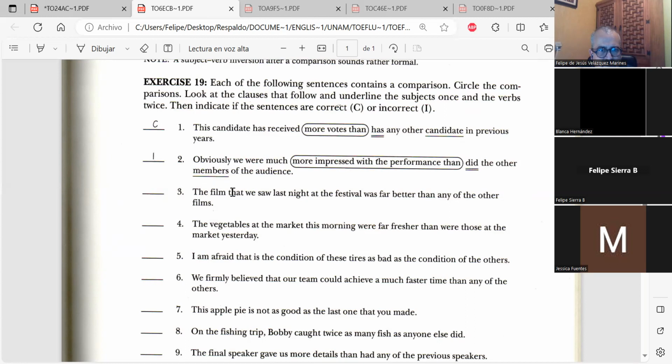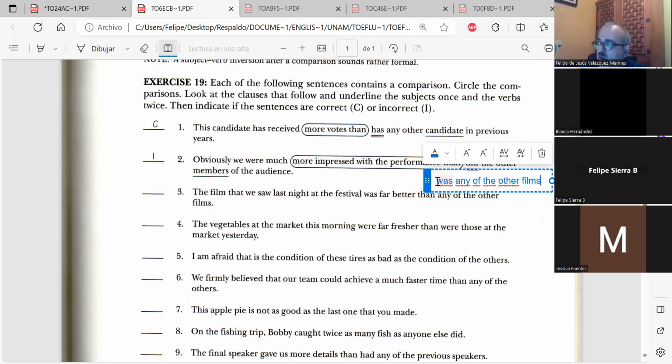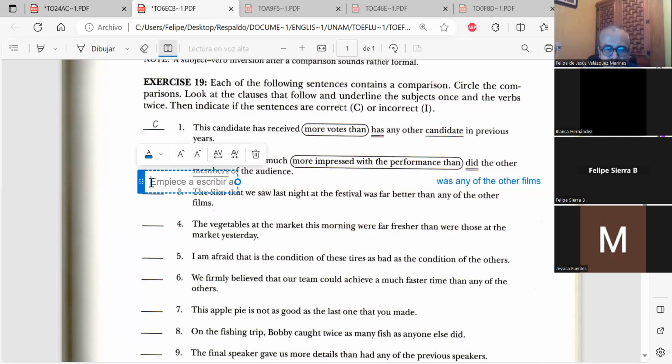Because it's past, it should be: far better than was any of the other films. Yes, so this is incorrect.